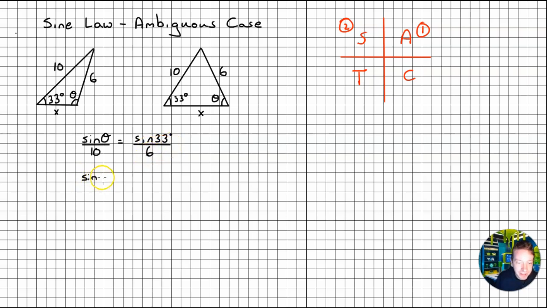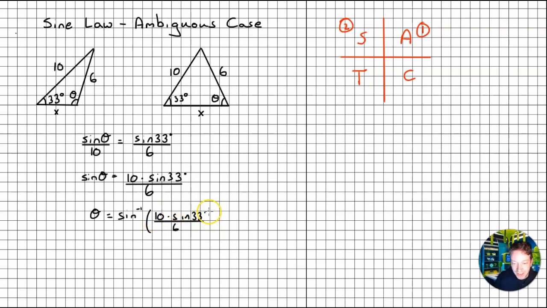Rearranging, we get sine of theta is equal to 10 times the sine of 33 over 6. And then we can solve for theta by taking the inverse sine of 10 times sine 33 over 6.